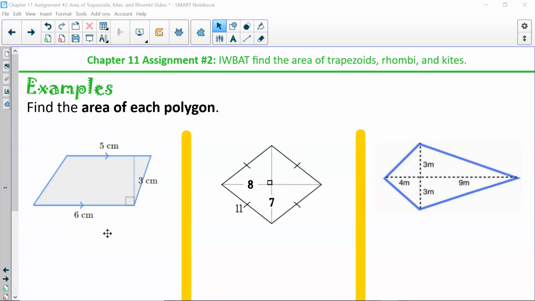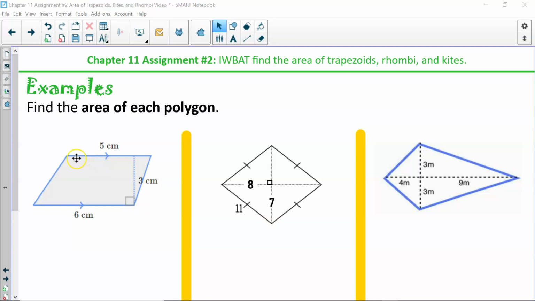So the first diagram that I have on this slide is a quadrilateral, and it has one pair of sides that are marked parallel. And you may say to yourself, looking at this, this looks like a parallelogram.